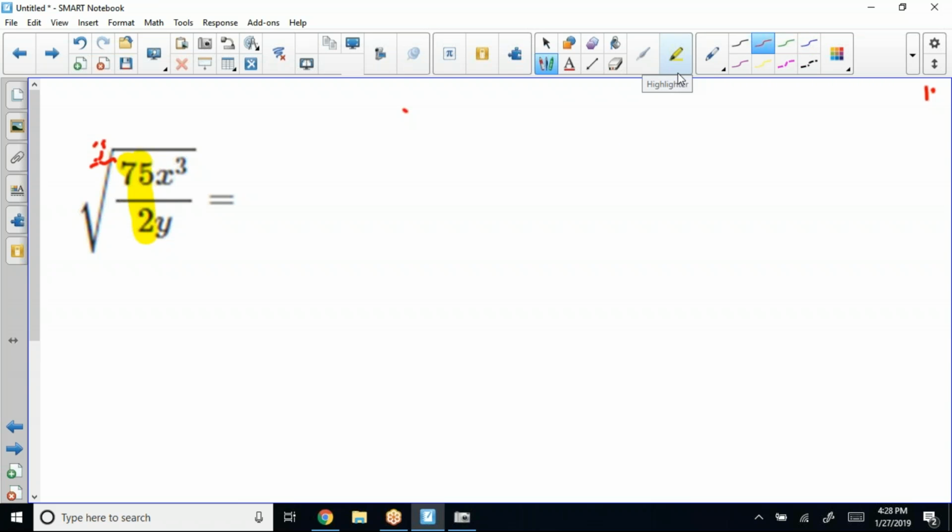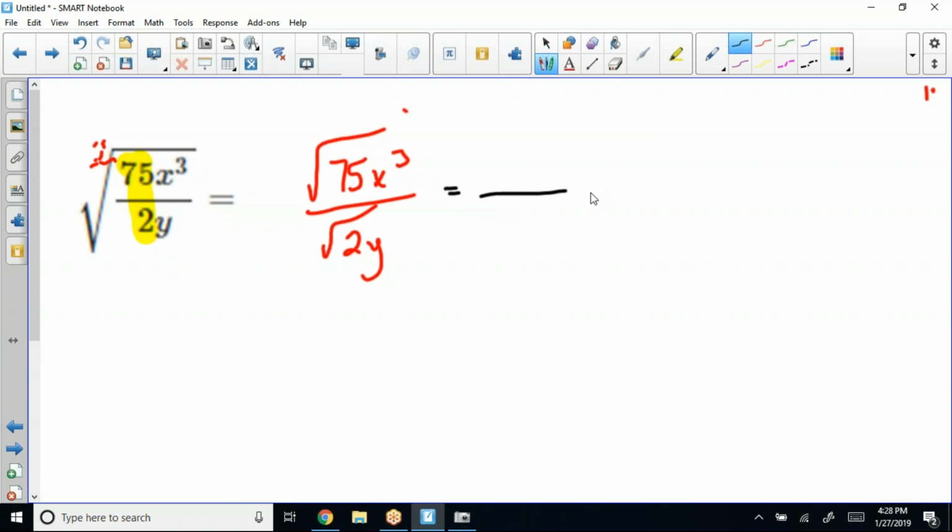Now I can start to break it up. So I'm looking at 75x cubed over the square root of 2y. This one's very similar to the one we just worked, which is I need to create a perfect square, and any way to create a perfect square is to multiply it by itself. So that's why we're going to do this like that.